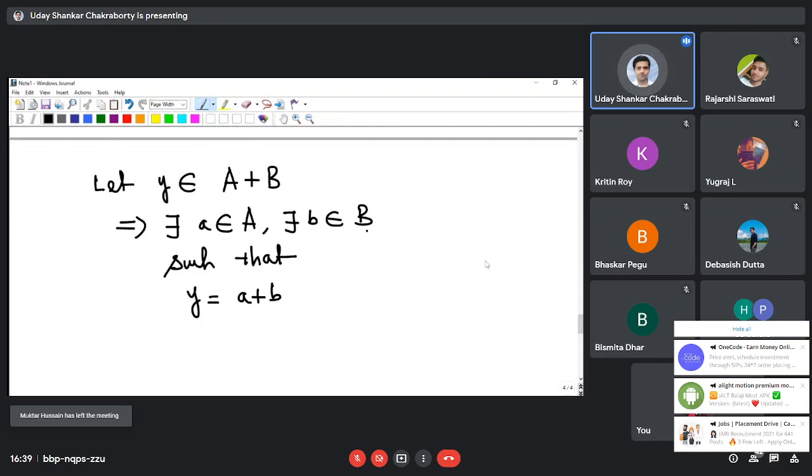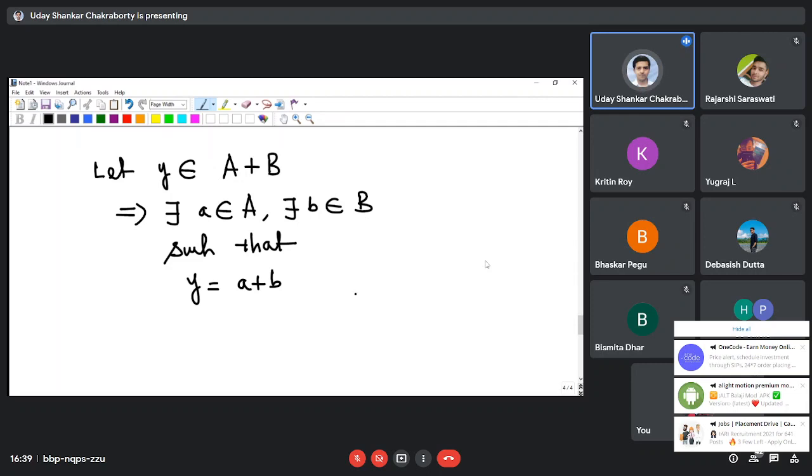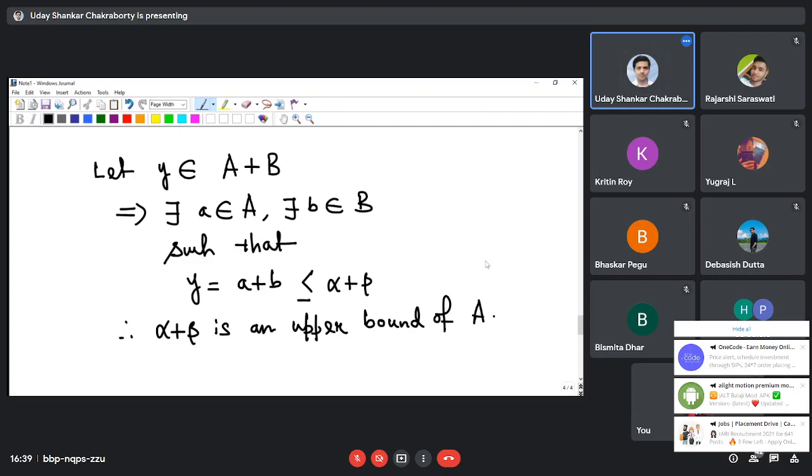And small b belongs to capital B, where beta is an upper bound of B, so any element of B is less than or equal to beta. So y is less than or equal to alpha plus beta. That means whatever y you choose from A plus B, it must be less than or equal to alpha plus beta. Therefore, alpha plus beta is an upper bound of A plus B.